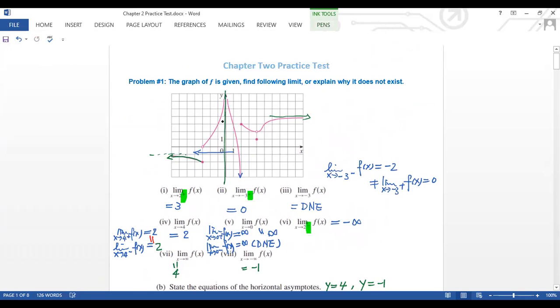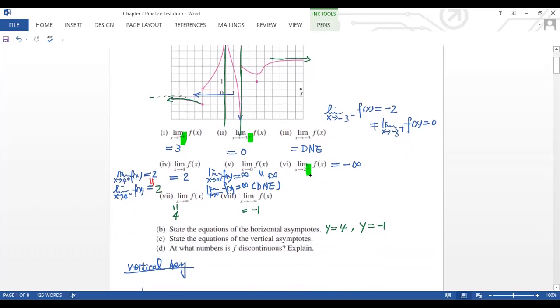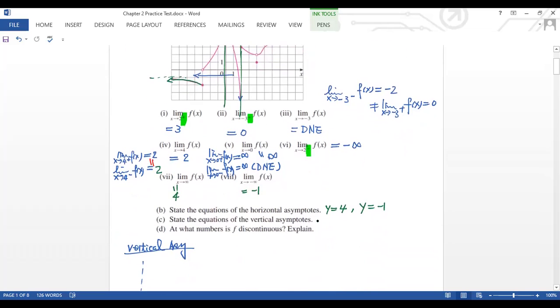This is a vertical asymptote because the graph gets close to it. What is the other one? I have one here because this leg of the graph is getting closer, correct? So what are my vertical asymptotes? These lines here: x equals 0 and x equals 2, right?